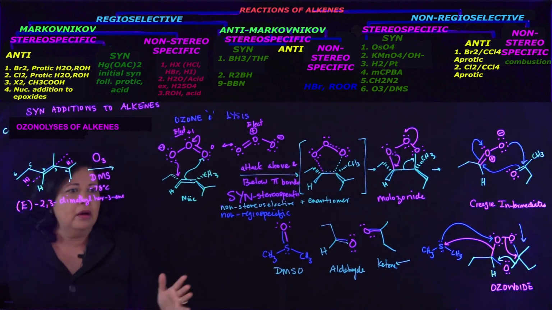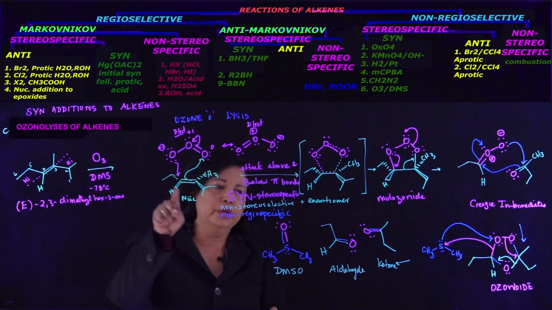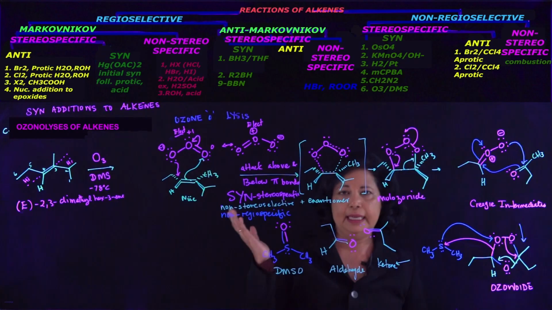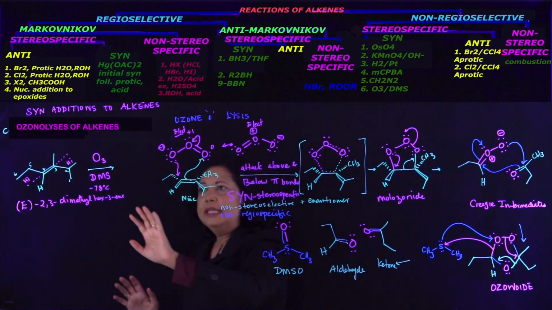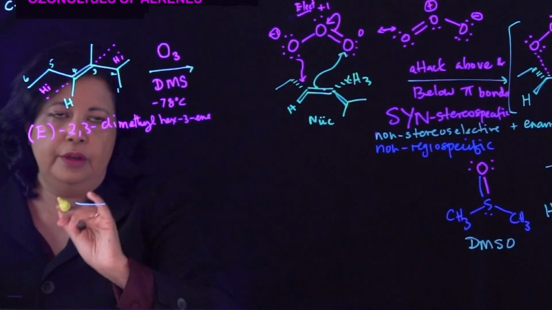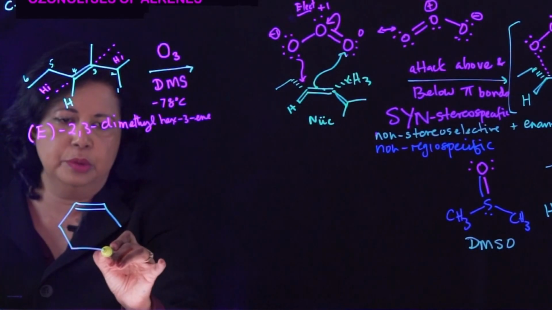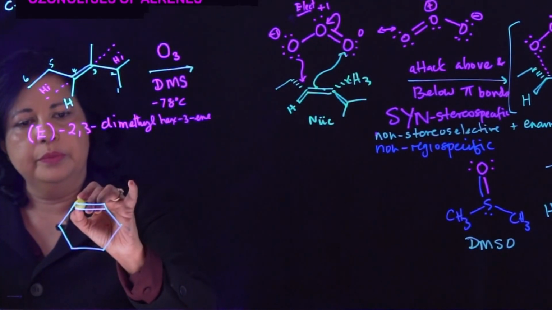Now, what if you had all of this in an aqueous or protic environment? You're going to oxidize this further to carboxylic acids. Now, I've done an example with an open chain. If you had this, let's say, in a ring form, and six-membered rings are the most common, so why don't we just do that?